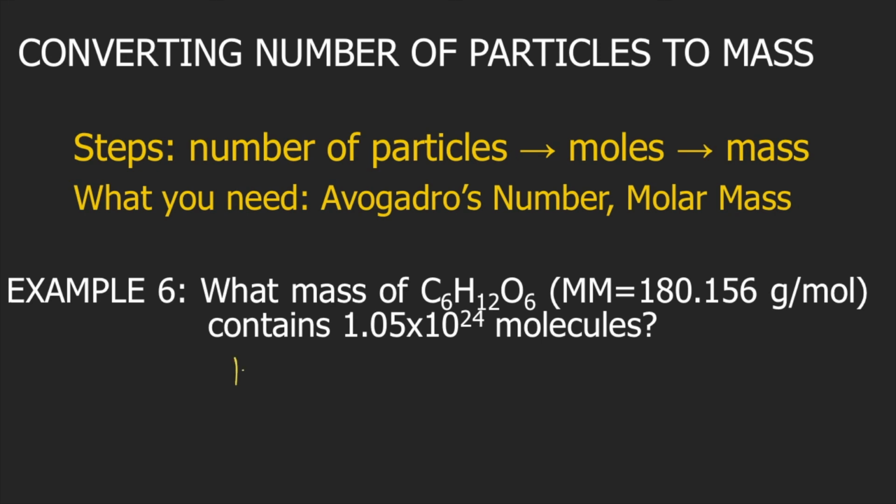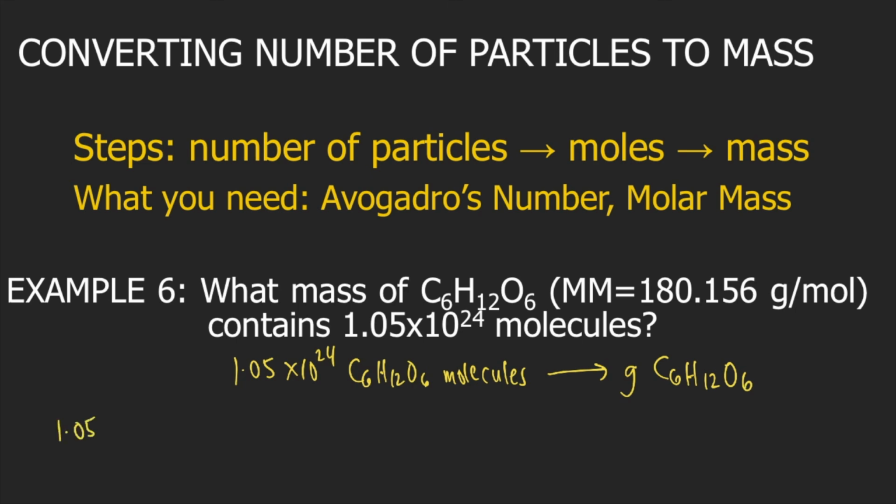So we are given the molecules of glucose, and we will convert this to mass of glucose or grams of glucose. So we always start with the given 1.05 times 10 raised to 24 glucose molecules.